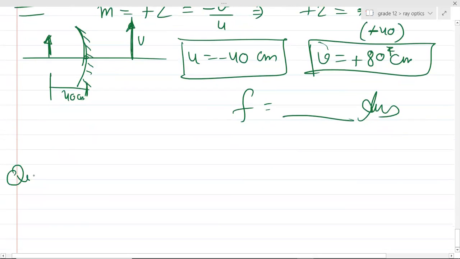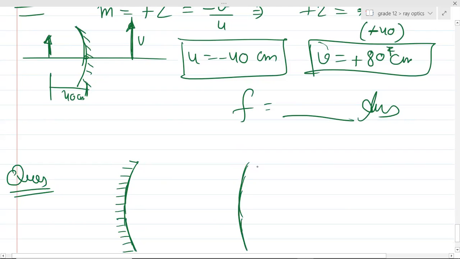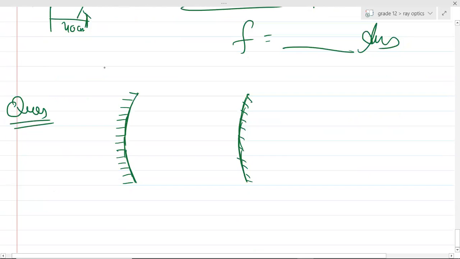Now next question, and this is the main type of question which people ask in 12th grade. Suppose there is a concave mirror, and let's say there is another convex mirror. Can you see one concave mirror M1 and one convex mirror M2?